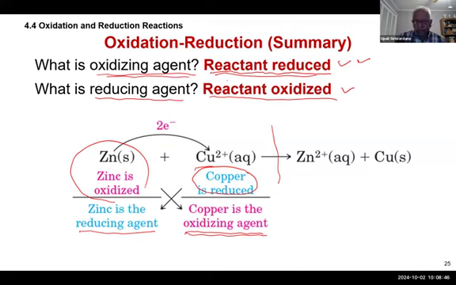So we ask questions to figure out whether you understand the process of oxidation and reduction. We also ask questions about what is the oxidizing agent and reducing agent in a redox reaction.